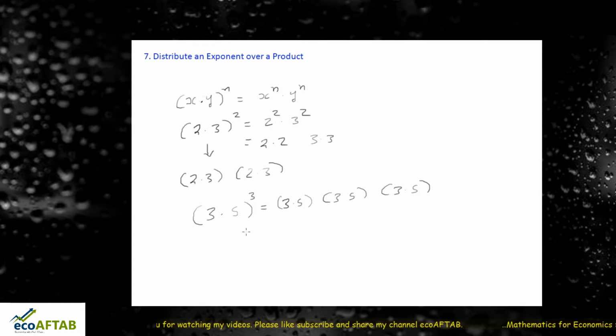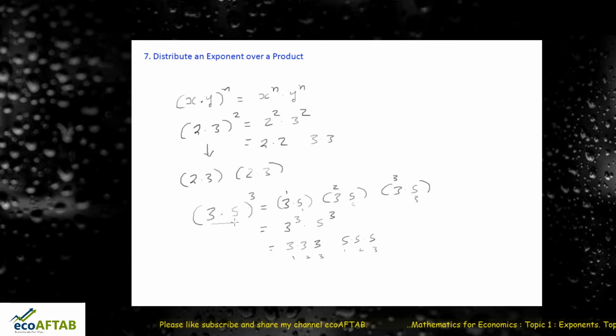Or else how can we write it the other way as per the distribution rule? 3 cube into 5 cube. What does this become? 3 into 3 into 3, and 5 into 5 into 5. So you can see 1 2 3, 1 2 3, and for the 5 also 1 2 3.